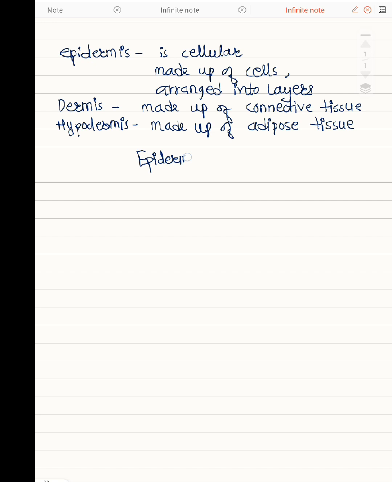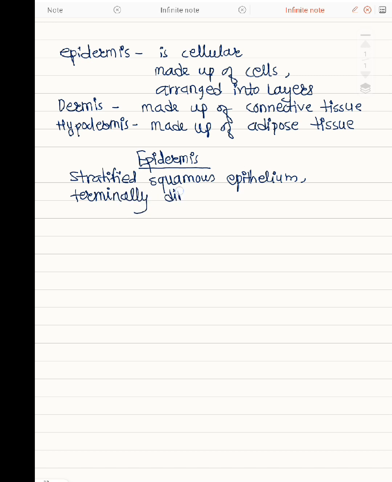Let's begin with epidermis. Epidermis is stratified squamous epithelium, which is terminally differentiated, divides continuously, and forms derivative structures such as hair, nail, and glands.